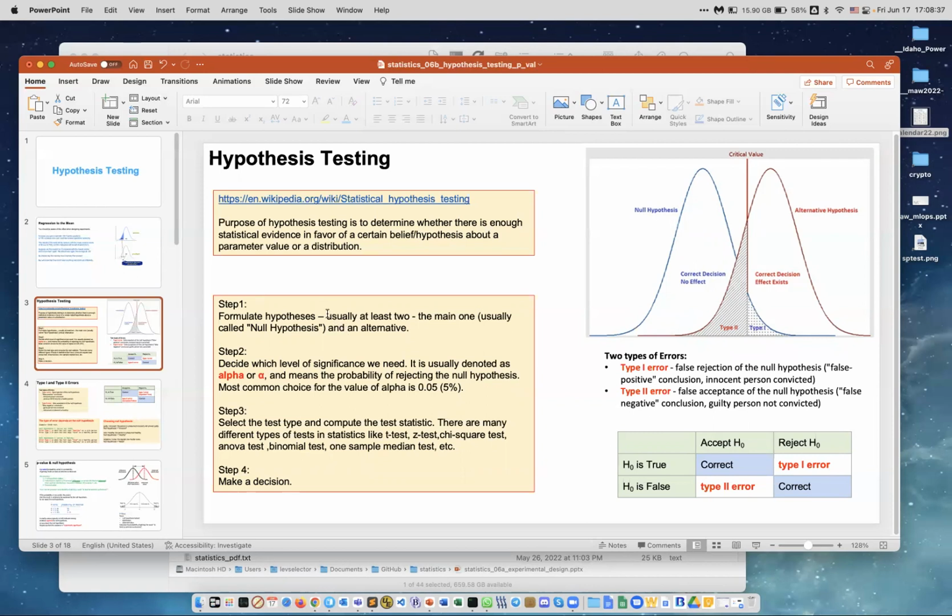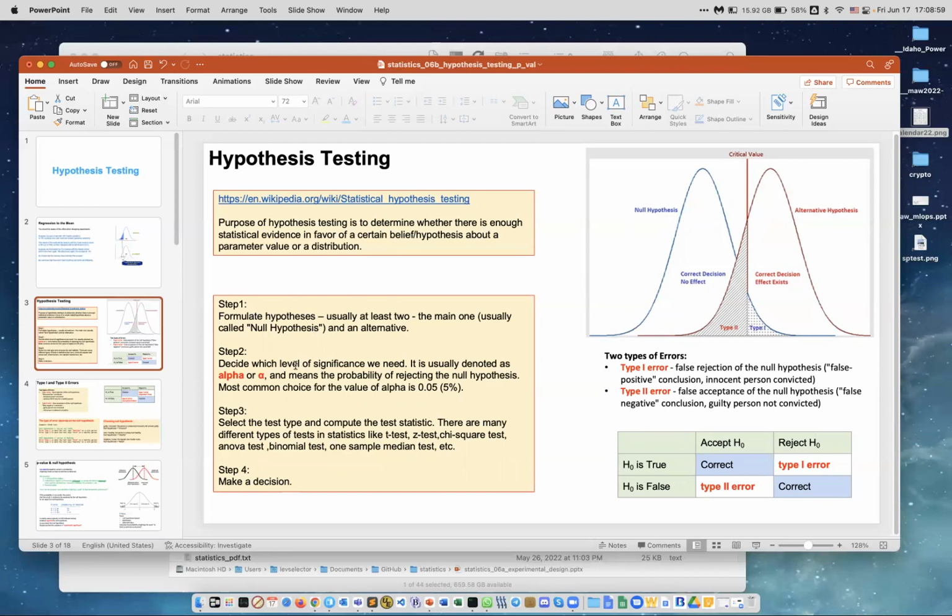So you formulate the hypothesis, usually at least 2, called null hypothesis and alternative hypothesis. So for example, you're testing if the value is the same, null hypothesis, and then you may find in an experiment that the value actually changed, right? So first you formulate the hypothesis.